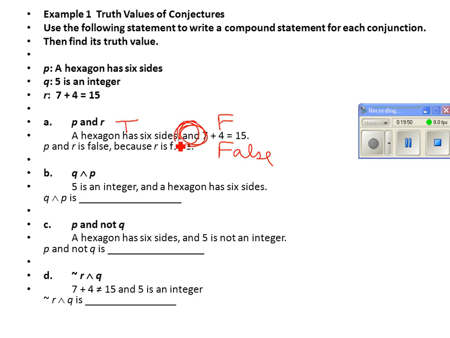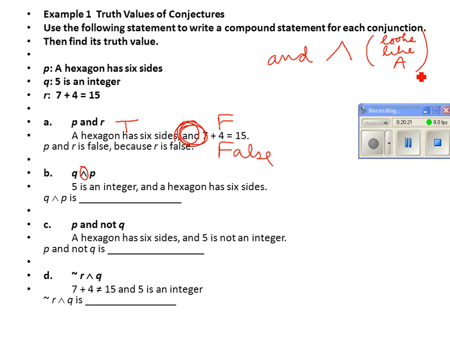Okay? What's this symbol mean? Oh, we didn't do this symbol, did we? Something I forgot on the other page. When you have and, that symbol, the way I remember it is it looks like an A, which stands for and.